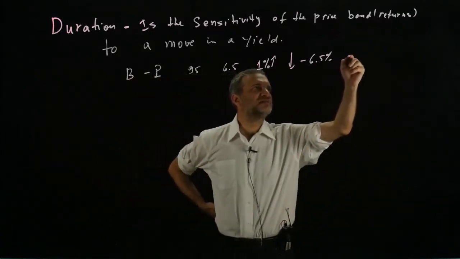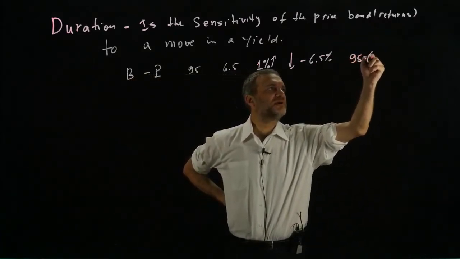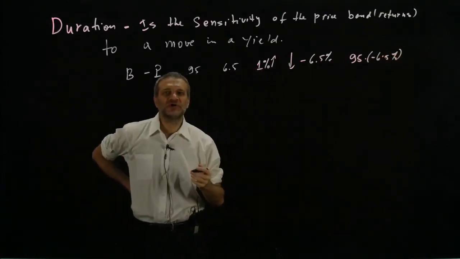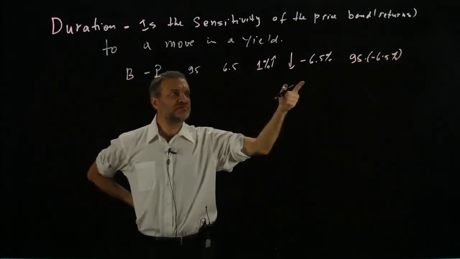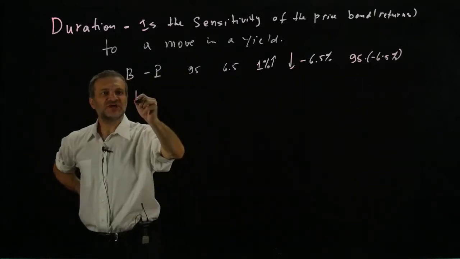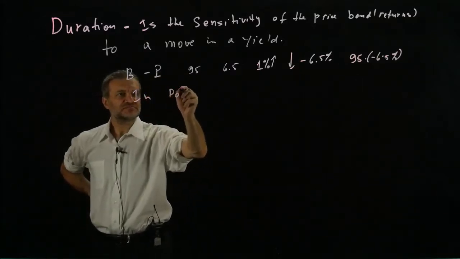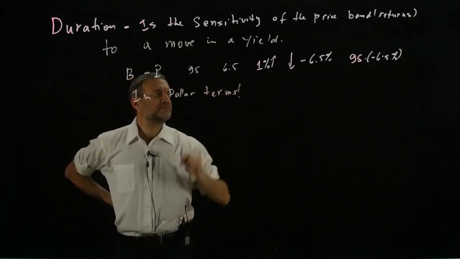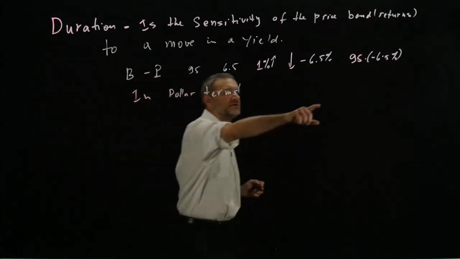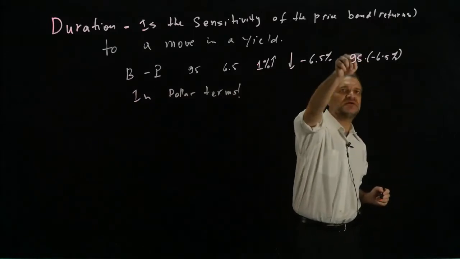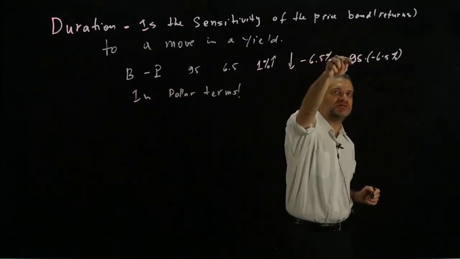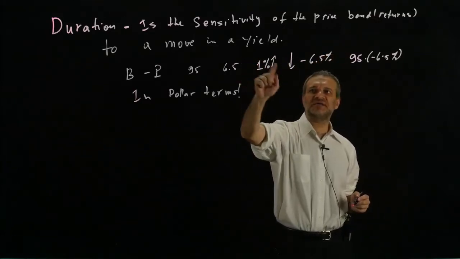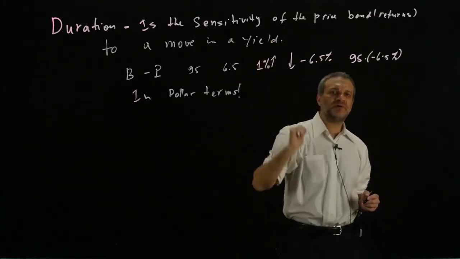If you take 95 and multiply by minus 6.5%, you get by how much this bond is going to move in dollar terms. So this number shows us how many actual dollars the bond is going to lose if the yield goes up by 1%.